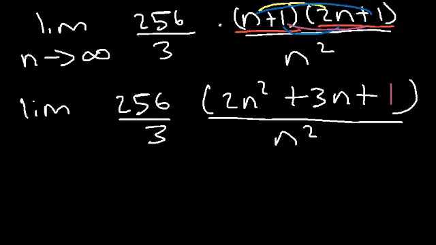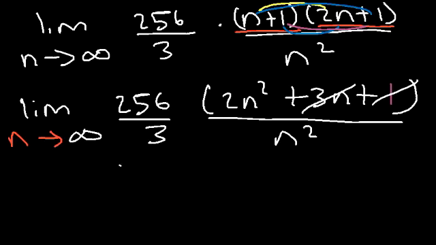Now what's going to happen when n becomes very large? When n approaches infinity, the terms 3n and 1 are insignificant compared to 2n squared. If you replace n with 1,000, 3n is 3,000, but 2n squared is 2 million. 2 million plus 3,000 is still about 2 million.